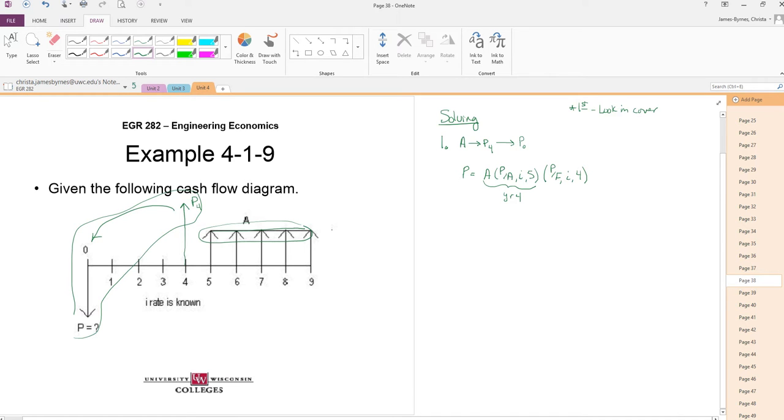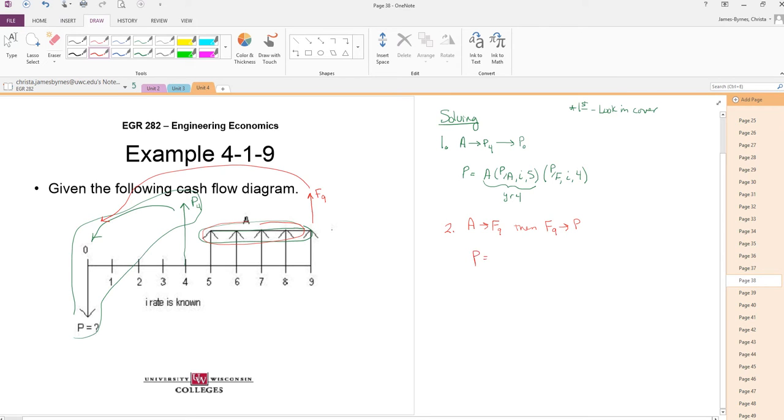Now let's move to red pen. Red pen, number 2. I can take my A to an F in year 9, then take that F in year 9 and take it back to a P. So I can take these A's up to a future value in year 9 and then take that future value back to year 0.